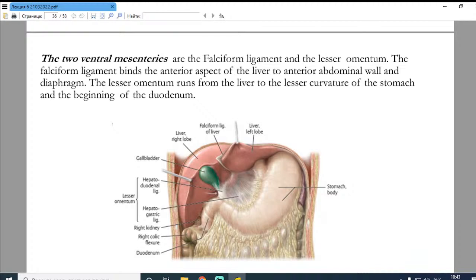The falciform ligament binds the anterior aspect of the liver to the anterior abdominal wall and diaphragm. The lesser omentum runs from the liver to the lesser curvature of the stomach and the beginning of the duodenum.